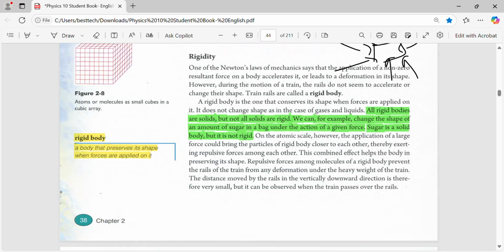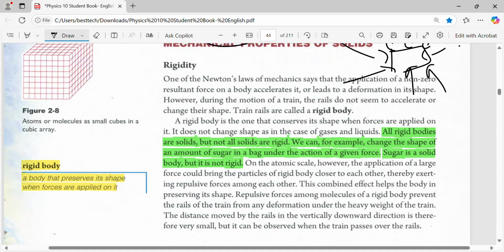Guys, we have a topic. It's called a rigid body. A rigid body is a body that preserves its shape when forces are applied on it. We have any object, for example, a square. I would like to apply force on this object.